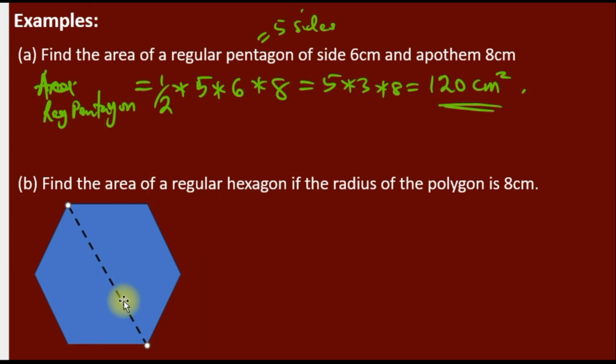I'll use a side for this. Remember, the radius of a polygon is the distance from the center to any of the vertices. So I'm using this vertex A. And we know that the apothem is the perpendicular distance, so angle 90.